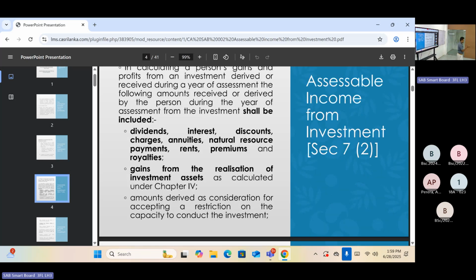You can see that compared to employment income and business income, in taxation we say investment income is more passive income. Passive income means the person who receives that income makes no great contribution or effort to generate it. Just like, if I am investing in a bank deposit, I need not worry day by day about how much I am getting.